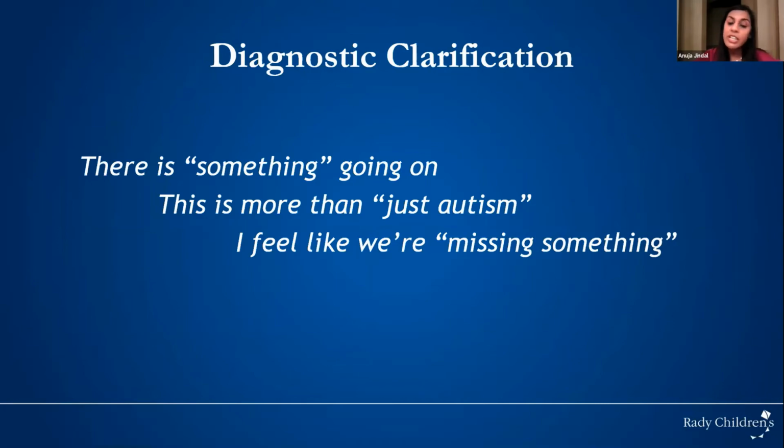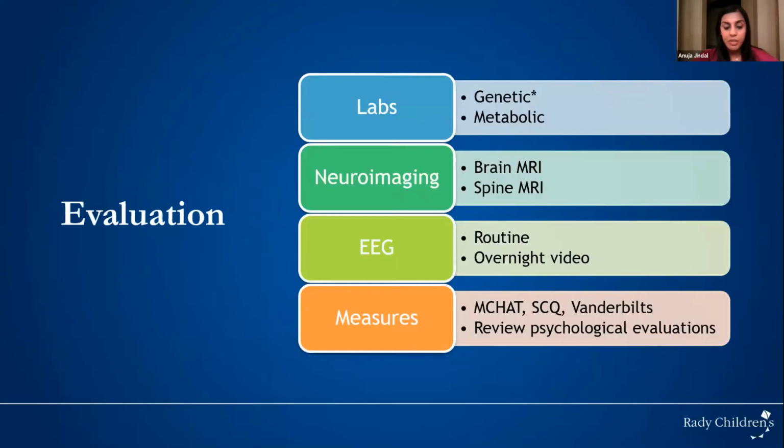Sometimes it's that a child already has autism, but we have a feeling that there's maybe something else going on more than quote unquote just autism, and just to make sure that we're not missing anything, we're not overlooking some other neurodevelopmental disorder and wrongly calling this autism.